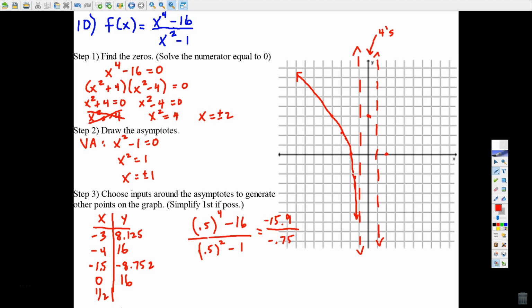And now I'm going to divide those and see what I get. -15.9 divided by -0.75, and it looks like 21.2. Okay, so for input 1/2, 4, 8, 12, 16, 20, and then a little higher.